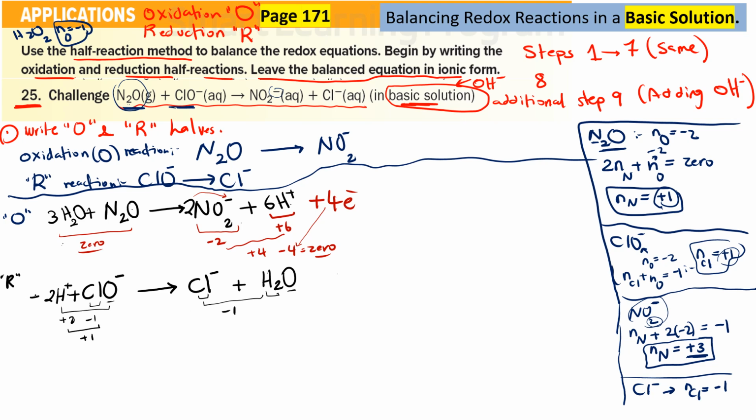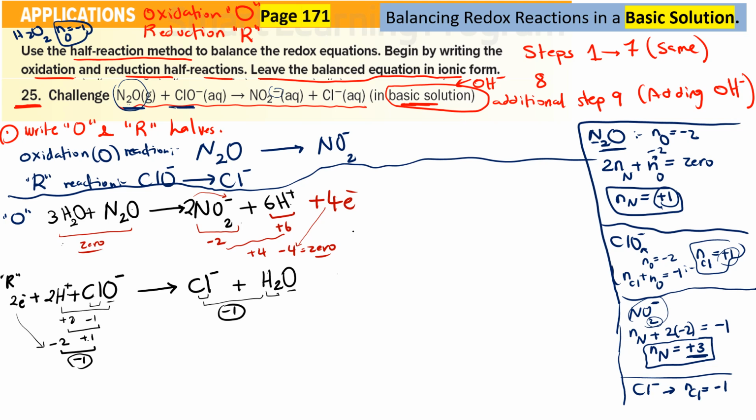So if I add 2 electrons, it's just simple math in your brain. If I add 2 electrons, the new charge will be minus 2 plus 1, which will become minus 1. And now it is balanced. So now I have 1Cl, 1Cl, 2H, 2H, 1O, 1O, and the charges are balanced.